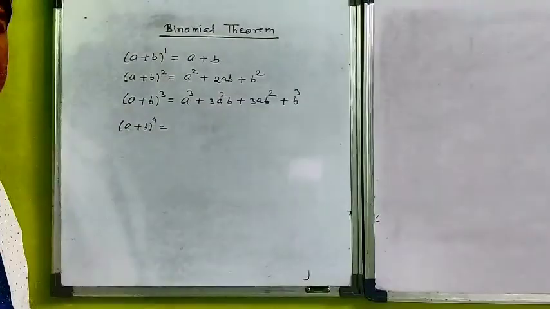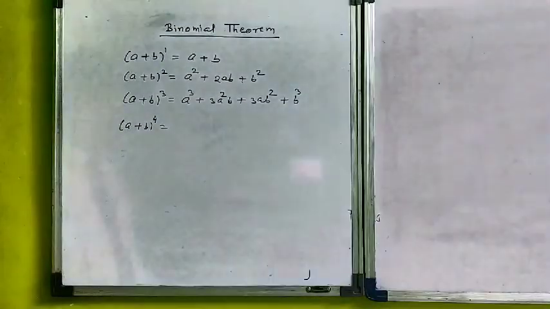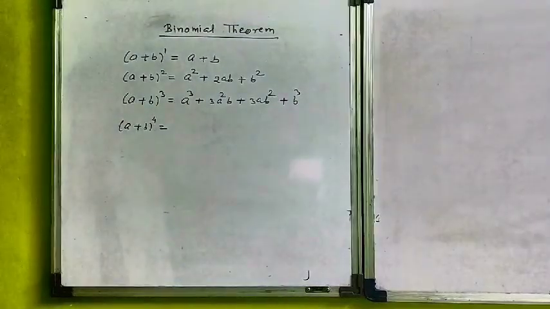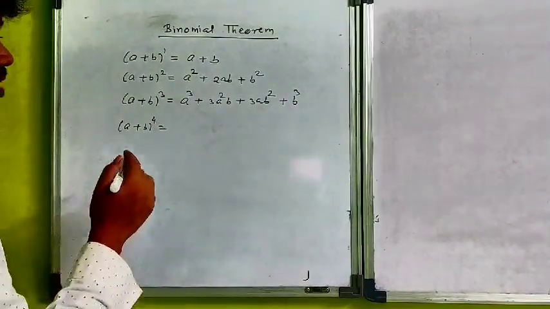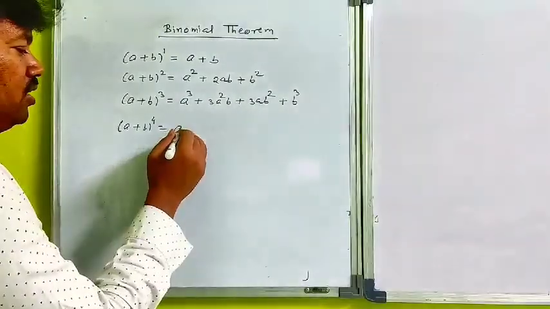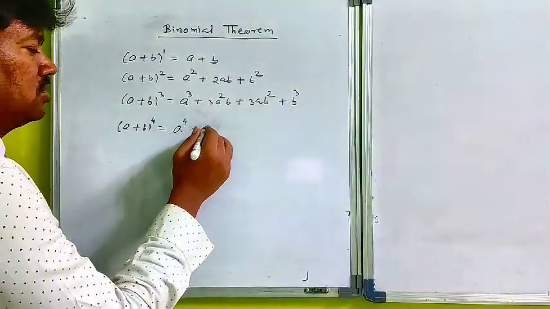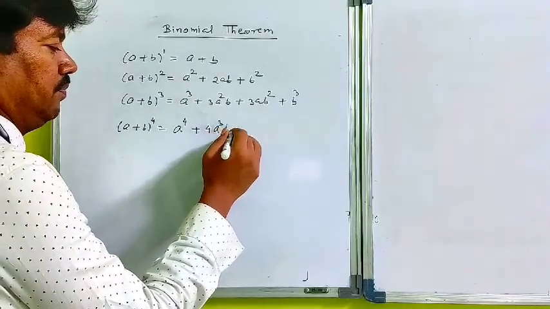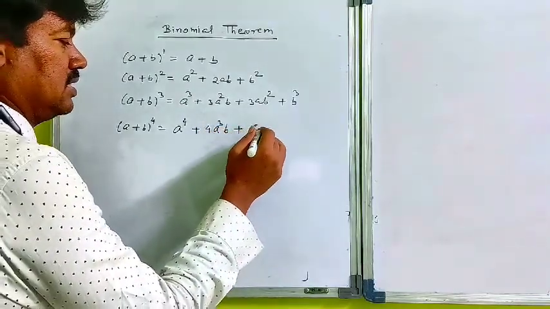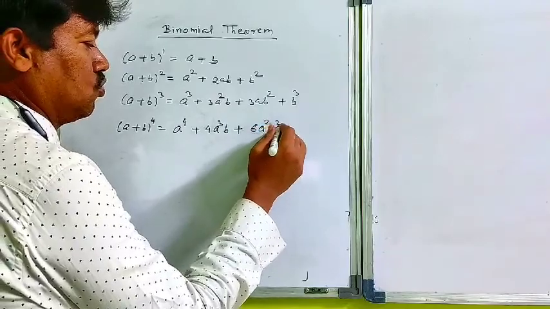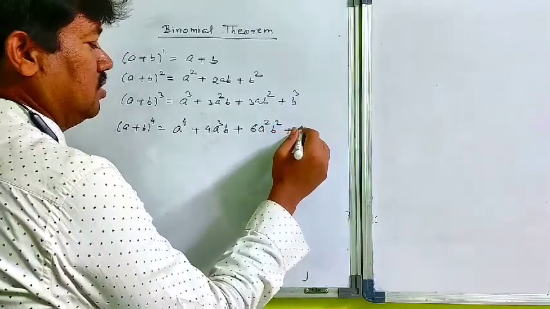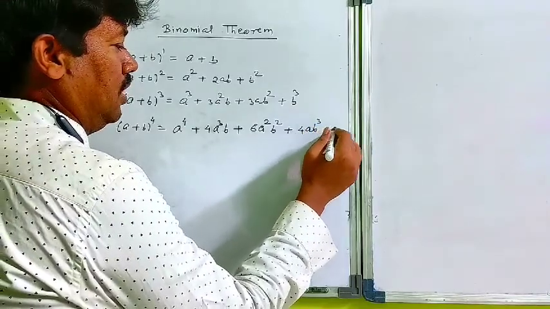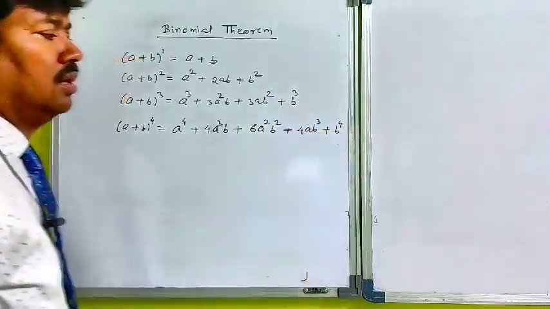If you look at this, you will find that a plus b raised to 4 is equal to a raised to 4 plus 4a raised to 3 b plus 6a square b square plus 4ab cube plus b raised to 4.